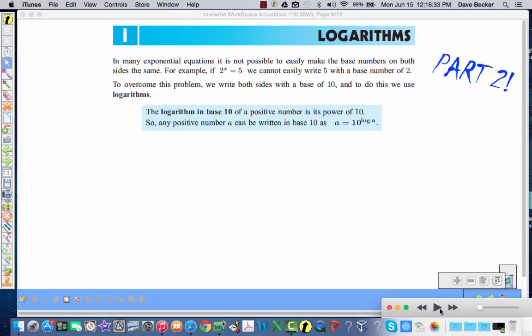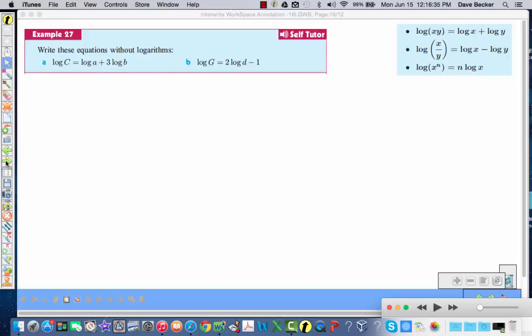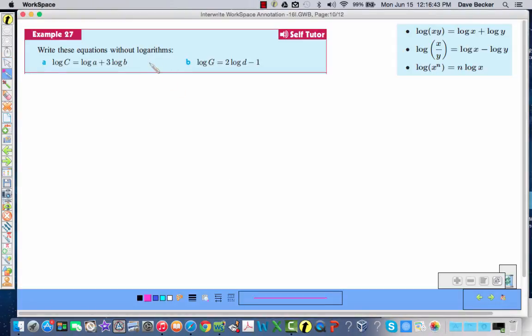All right, so we left off with example 26. Let's work on example 27. We are going to write these equations without any logarithms, and all we're doing is using our rules of logarithms.